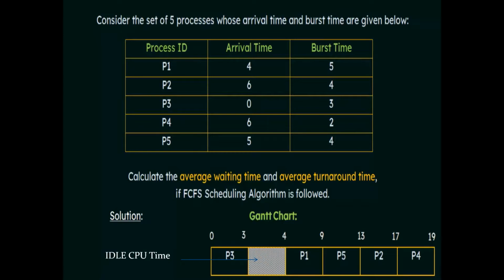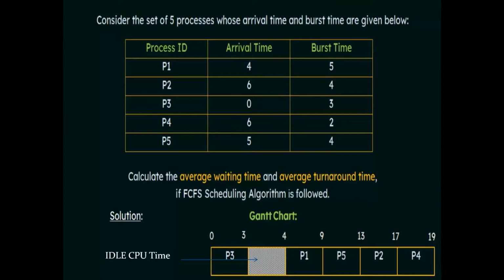Now for this we need to create a Gantt chart. With the help of this table we can observe that the arrival time of process P3 is 0, means at the 0th unit of time, first of all process P3 arrives.